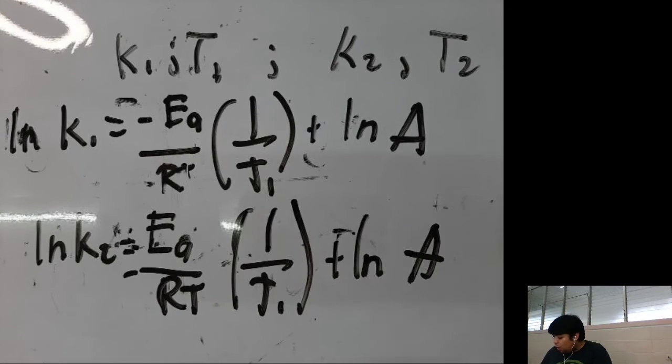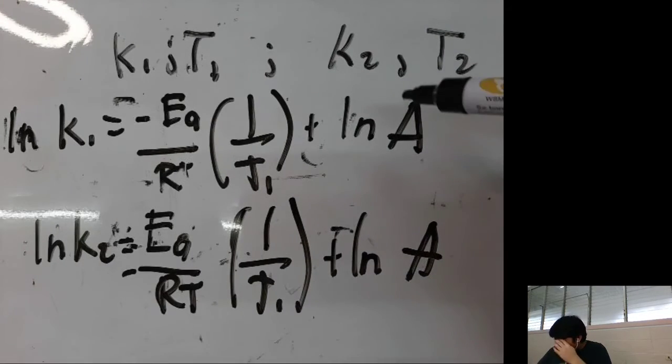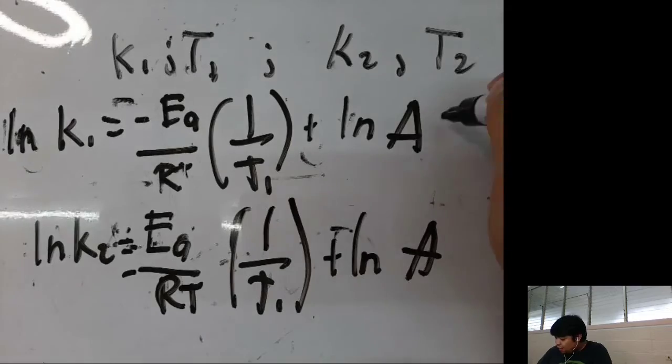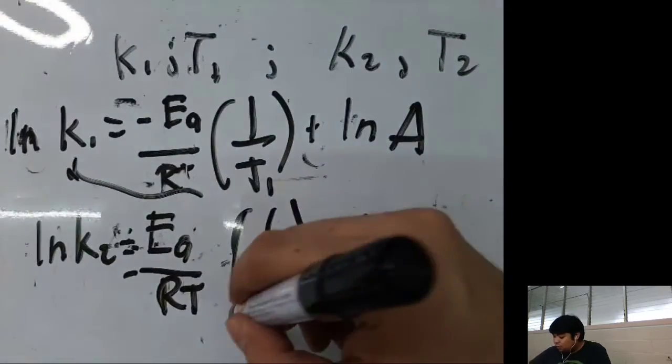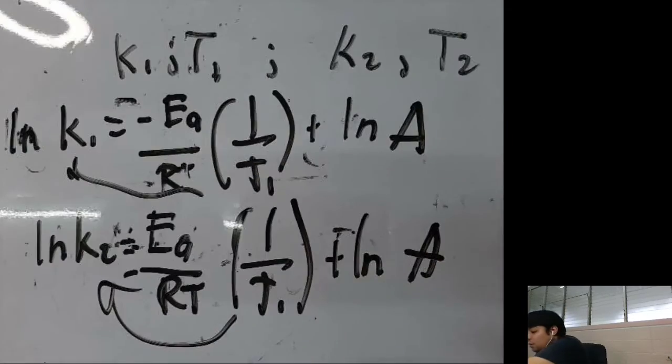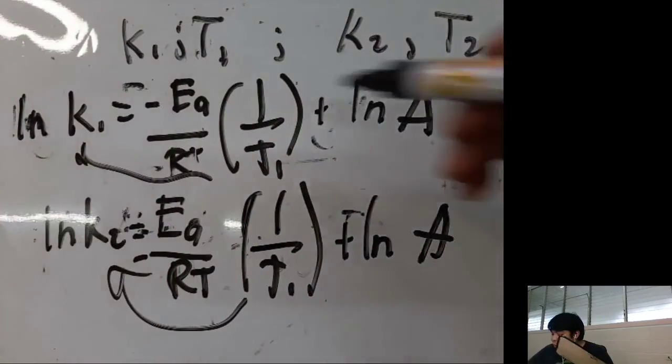Now, we'll rearrange the equation such that ln A is on one side and the rest is on the other side. So we transfer these 2 here. So from positive, it will become negative.